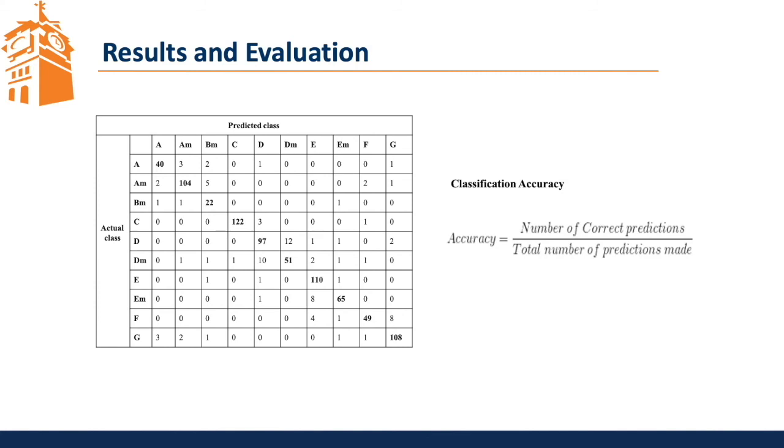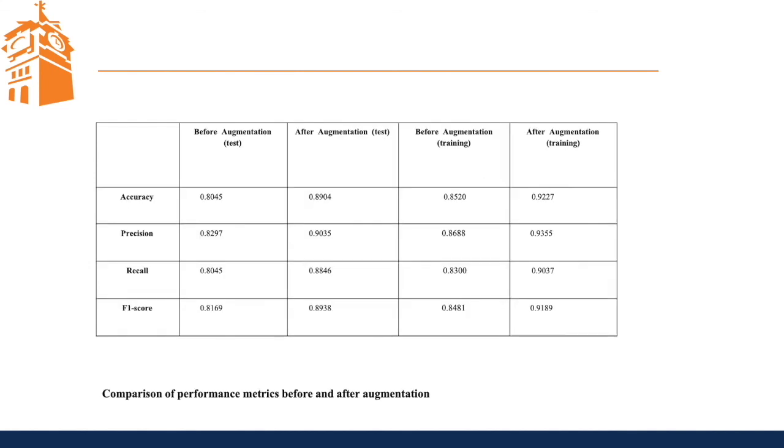True negatives, the cases in which we predicted no and the actual output was no. False positives, the cases in which we predicted yes and the actual output was no, and false negatives, the cases in which we predicted no and the actual output was yes. And here is a representation of the accuracy of our chord detection.